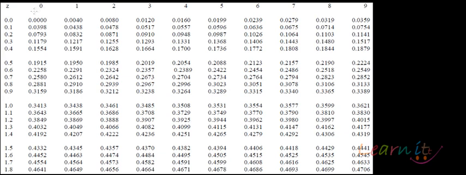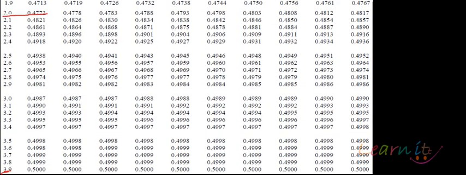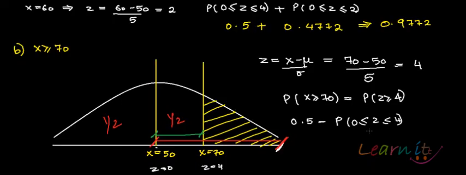In case if I want to find out 3.99, so 3.9 from this column and 9 from this column. So 3.99 is almost 4, which is 0.5. Okay, so this would be 0.5 minus 0.5. So there is no probability, it is 0. Is that okay?